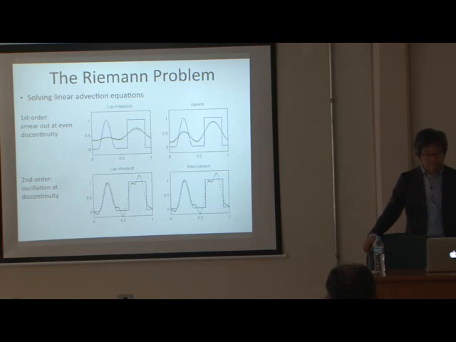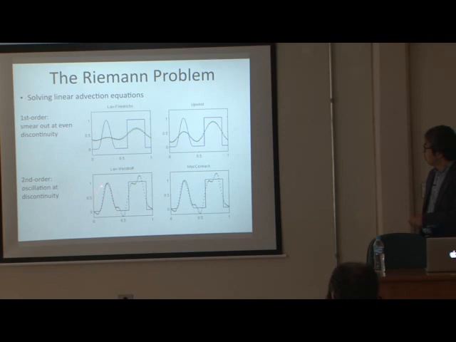Then this is the second order scheme, like the Lax-Wendroff scheme or the MacCormack scheme. It shows the smooth structure, and maybe we can see it follows the initial structure a little bit better, but the shock wave is a bit weird.